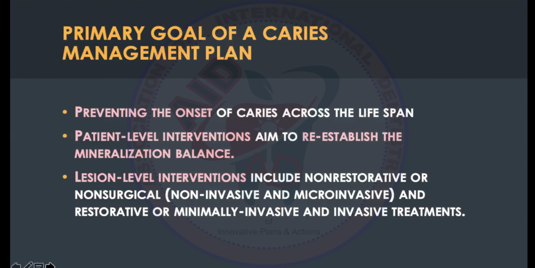We want people not to have caries throughout their lifespan. And there could be two types of interventions. One will be the patient-level intervention, which is in general what we want to do for that patient. And that intervention is to re-establish the mineralization balance. Whatever decalcification is going on on the tooth surface has to be reverted back. And that is at the patient level.